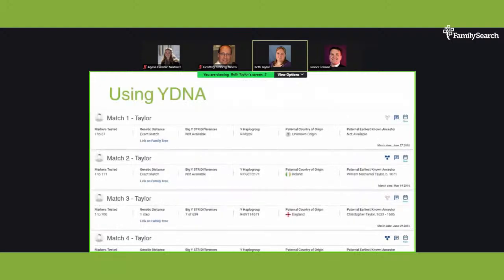To give you an example, I'm female, so of course I couldn't test myself for a Y chromosome, but I went out and talked to my dad and I tested him instead. My surname is Taylor, and here are the matches for my father. You'll notice that the first four matches all share the surname Taylor, which is probably a good sign that for the Taylor surname, there's not a break in the line somewhere.